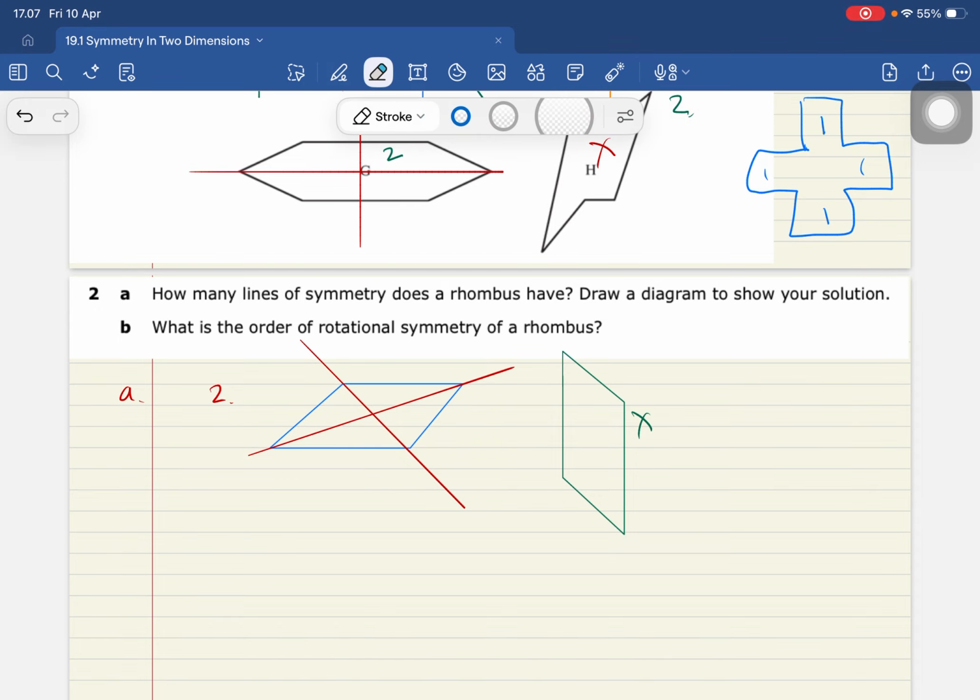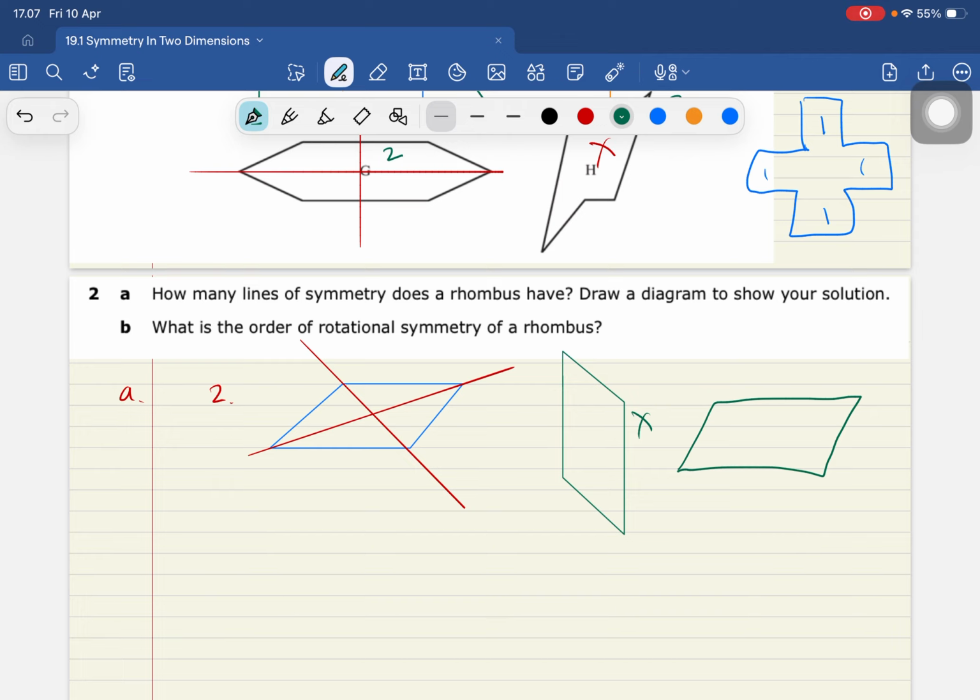Next after this it will be here. We can count it as 1. Let's say these are all equal. Then again, the next rotation is going to be like this. Here we cannot count it, and it comes back to its own position. So the order of rotational symmetry is 2.